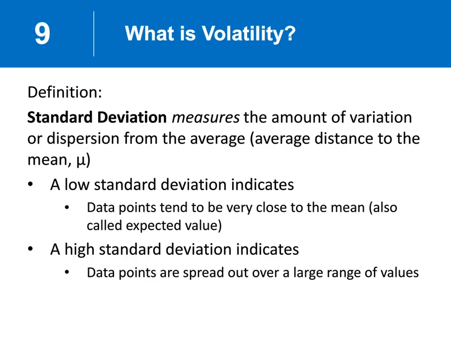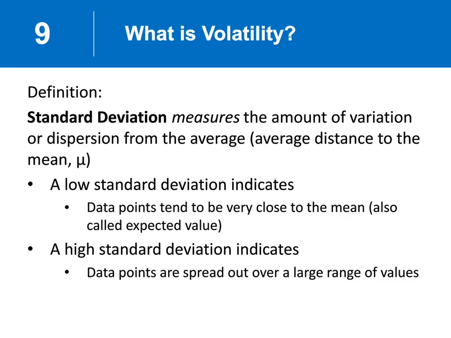Now, from the average of what? That's right, from the stock price's mean. So if somebody at a cocktail party asks, what's standard deviation? You can succinctly say, it's the average distance to the mean. And that's really all we're trying to find out here.